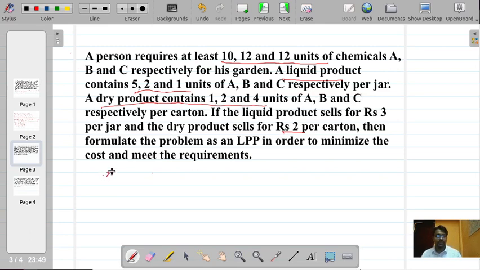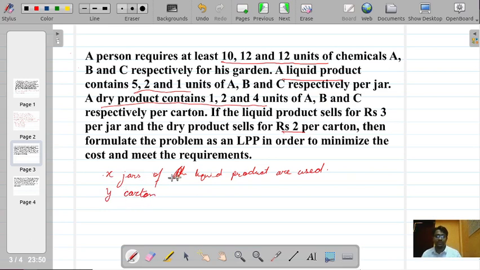Say you take x jars of the liquid product, and y cartons of the dry product, are used. Since the units are mentioned, we have written carton instead of units.